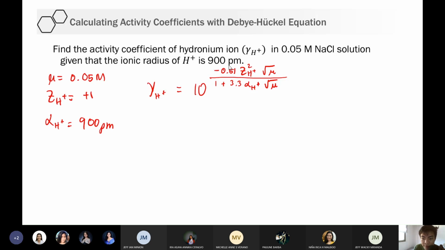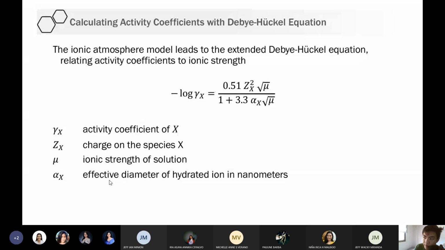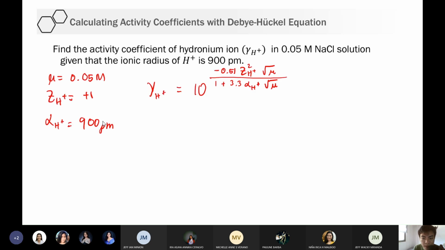But we need nanometers because according to this slide, the diameter of the hydrated ion must be expressed in nanometers. So we convert picometers into nanometers. 1000 picometers is equal to 1 nanometer, so we just divide this number by 1000. So we will get 0.9 nanometers.